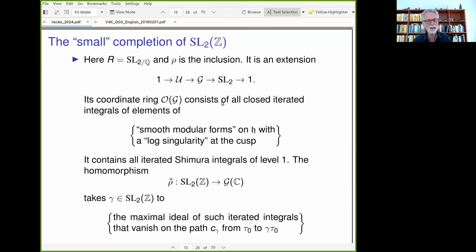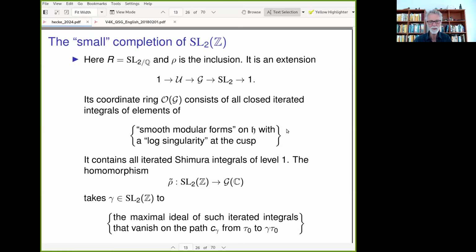So it's extremely large. The coordinate ring of this completion consists of all closed iterated integrals of elements that are smooth modular forms for SL2Z with a log singularity at the cusp. This is not quite accurate, but it's true to first order.